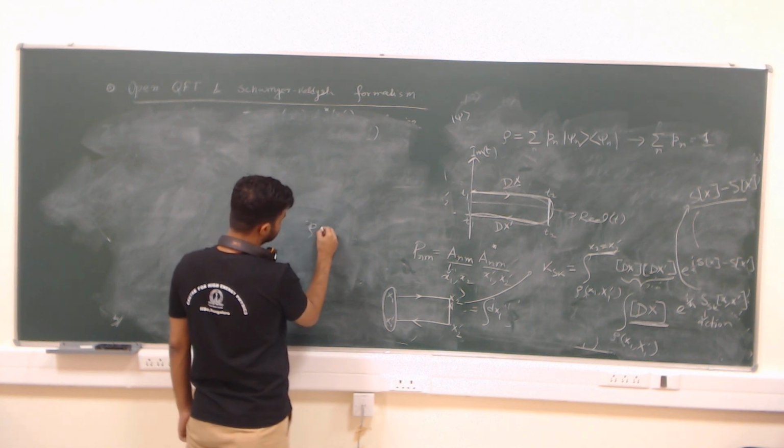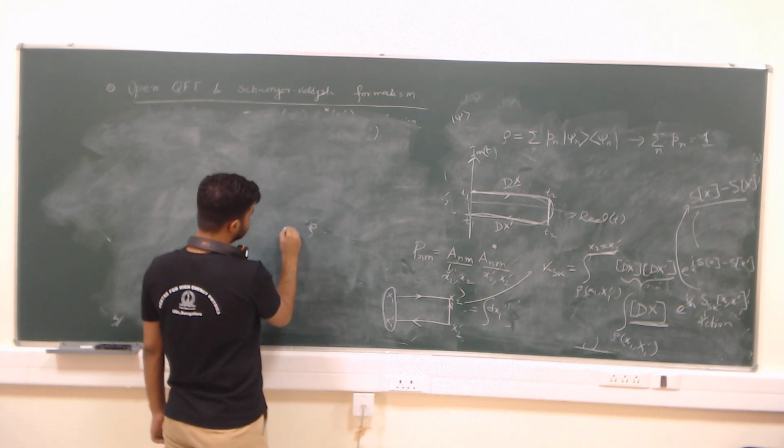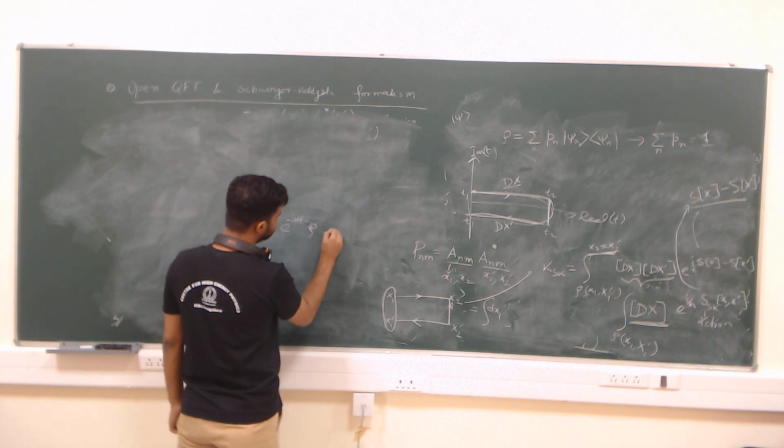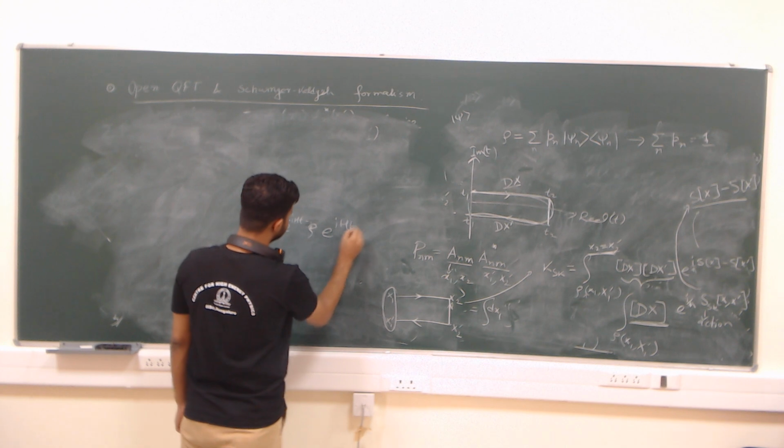It will be something like rho. If you have a rho, then it is equivalent to writing this to the power minus iHt, to the power iHt.